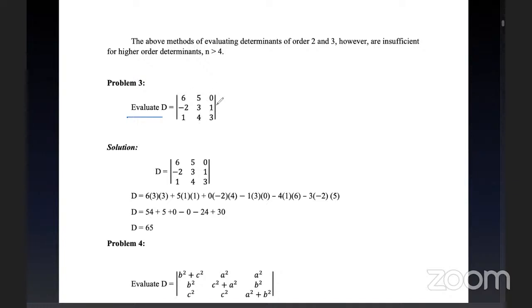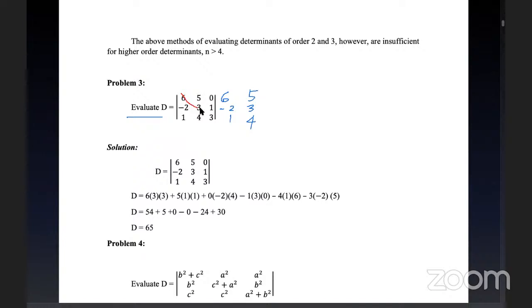Now applying what I've shown you earlier, pwede natin extend ito. So we rewrite the first 2 columns. We have 6, -2, 1 in the first column, and then the second column is 5, 3, 4. And then, okay, multiply natin yung elements na nasa main diagonal. We start from here.